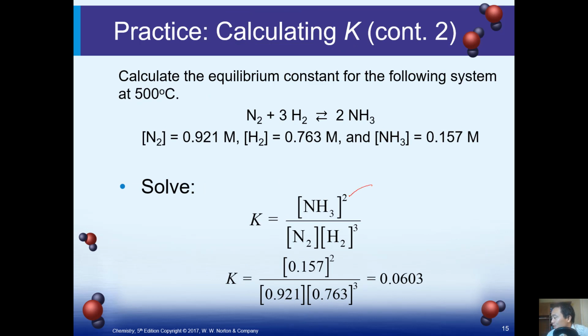Remember, it's products over reactants, and they are all raised to the corresponding power. You see this number 3, it corresponds to this 3 over here, right? This 2 corresponds to the chemical coefficient here, and 1 which is not written corresponds to this one, right? So substitute the numbers in, you get a small K, which tells you the reaction favors the left side, or lies to the left, or favors the reactants.